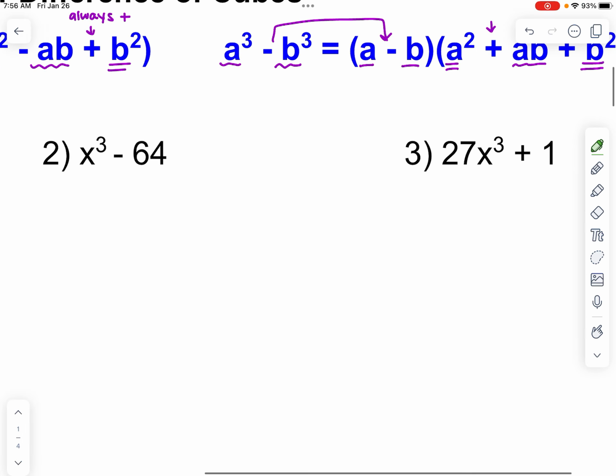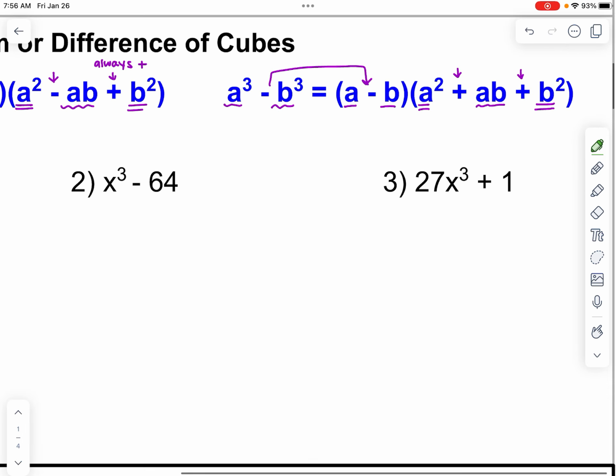Let's try a difference problem. We have x cubed minus 64. The cube root of x cubed is x, so that means a is x. And the cube root of 64 is 4, so that means b is 4. We're going to put this into the pattern. So we start with, because this is a minus problem, a difference, it'll be a minus b.